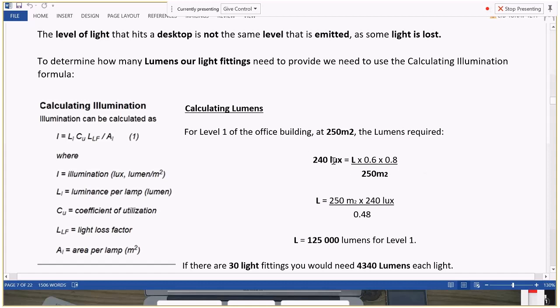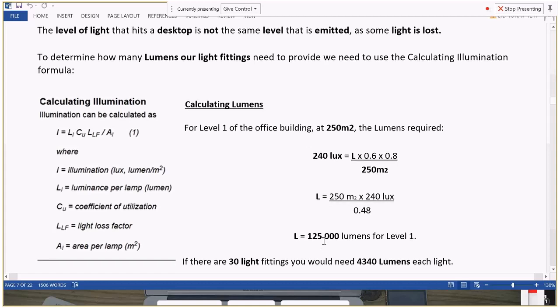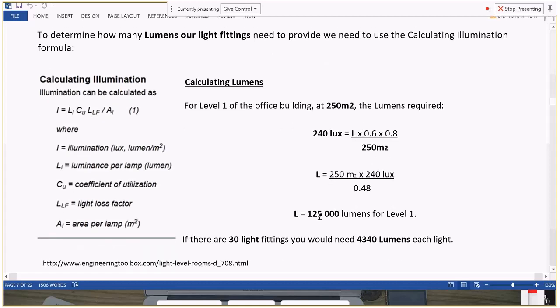So what we'll be doing is we'll be using this equation here, and we'll be having, let's say, 250 square meters, or that square meterage you calculate, multiplied by 320, and then divided by 0.48. As simple as that. And then you've got your lumens required for that, and then divide that by your lumen output for the lights that you've chosen.